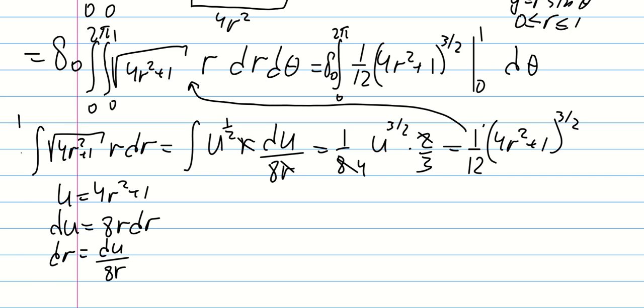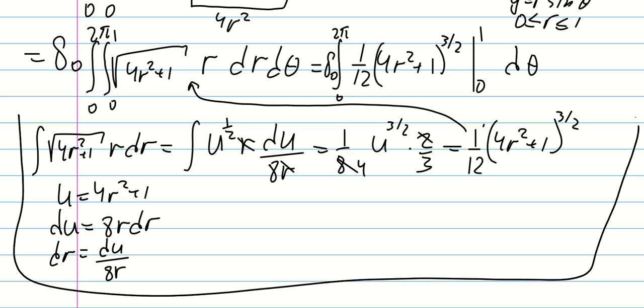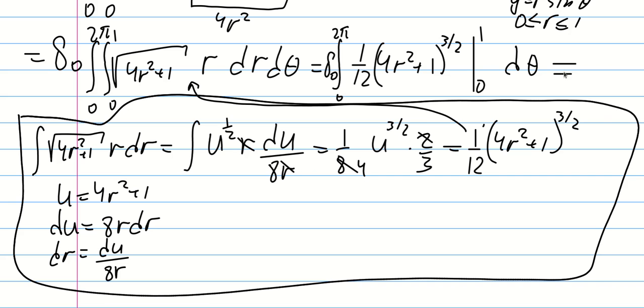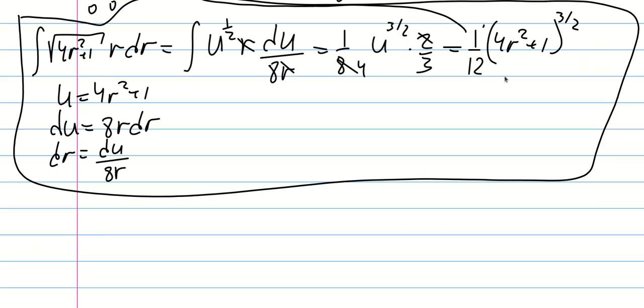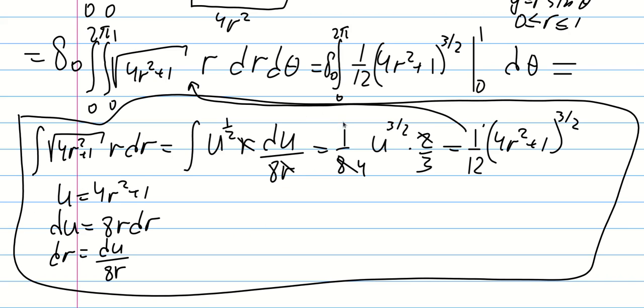Okay, so I'll put this in a box, our extra calculations here. So it's equal to, and we take 1 over 12 and move it outside, and we plug in 1, so it's going to be 4 times 1 squared plus 1, so it's 5 to the 3 halves.